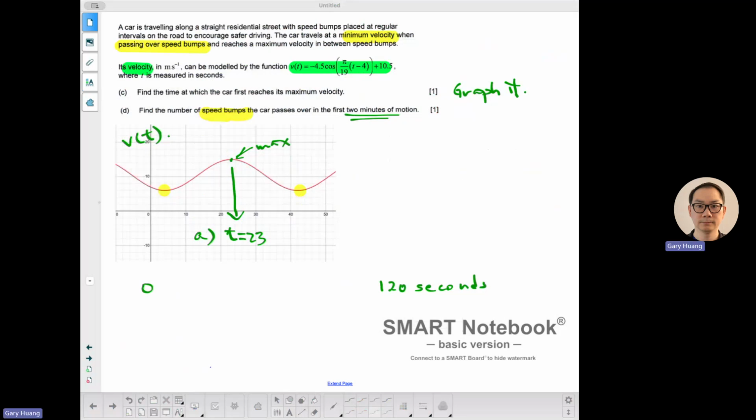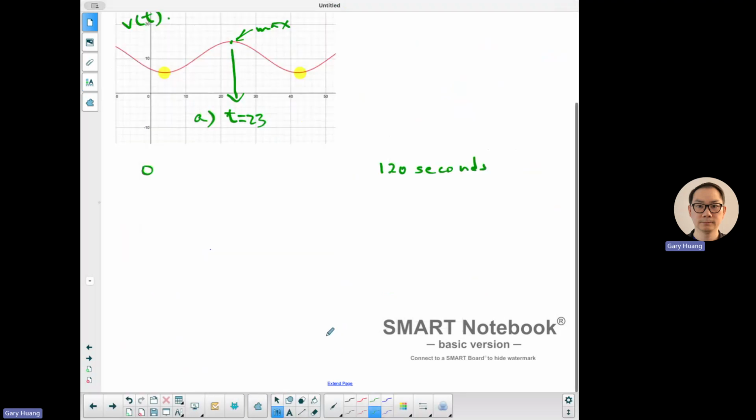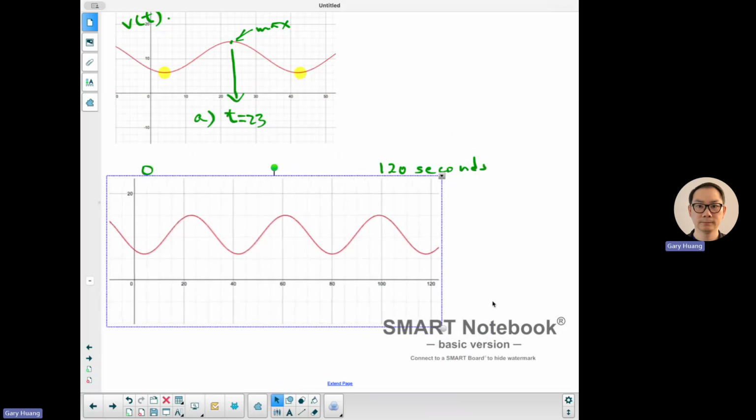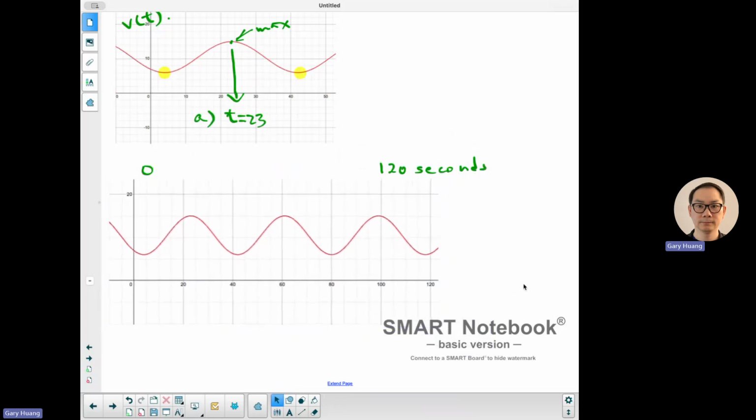So I'm just going to show you from the point of view of a graphing calculator. I know I'm using Desmos here because it's easier to get a screenshot than my TI-84 calculator, but it's going to be the same idea. You change your window values from a minimum of 0 to a maximum of 120 seconds, and you count. 1 speed bump, 2 speed bumps, 3 speed bumps, 4 speed bumps. So the answer for part D is going to be 4 speed bumps.